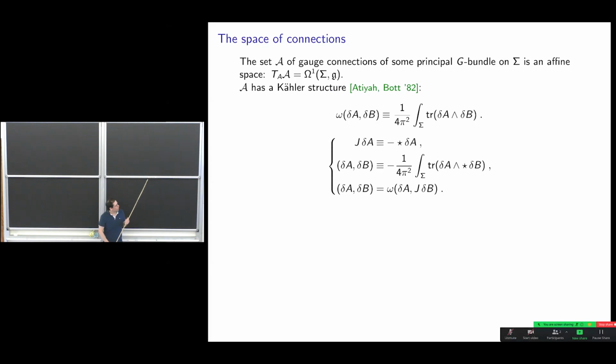And it was shown by Atiyah and Bott in these very influential papers in the early 80s that the space of connections A has a Kähler structure. So you can define this non-degenerate 2-form, omega, and it's Kähler in the sense that you also have an almost complex structure and an inner product that form this compatible triplet.